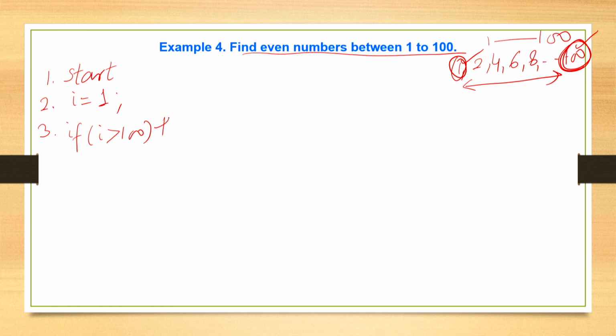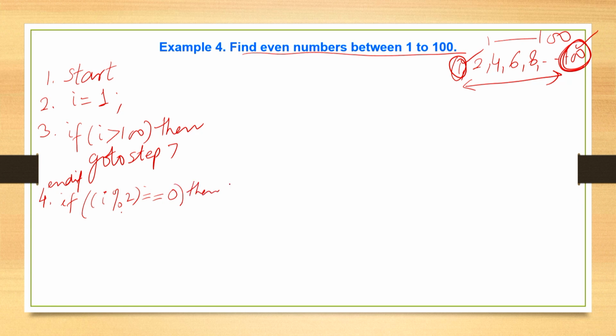If it is greater than 100, then go to step 7, because I have used end if, which indicates the end of the if statement. Then again I'll put a condition: if I modulo 2 is equal to 0, then print I. So again end if indicates the end of this statement.